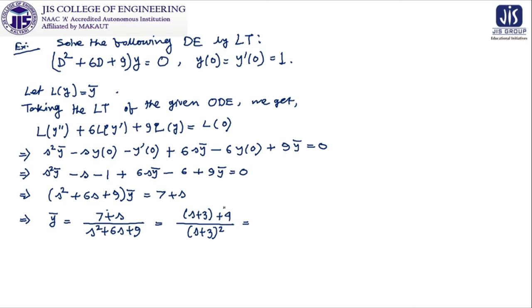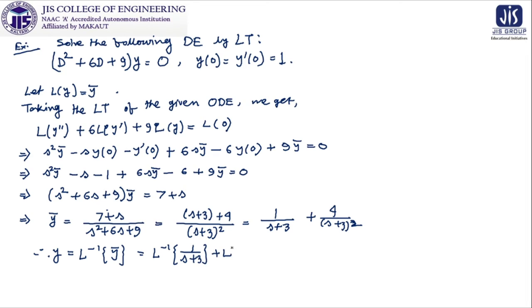Not only that, here also I am breaking it here, but you can also try by first shifting property for Laplace inverse transform. Now I can write it here as 4 by s plus 3 whole square. So we can write in the next line that y is nothing but Laplace inverse of y bar. So Laplace inverse of 1 by s plus 3 plus Laplace inverse of 4 by s plus 3 whole square.